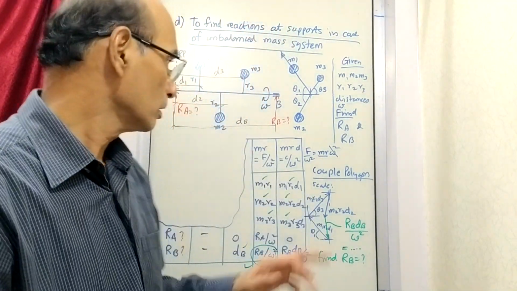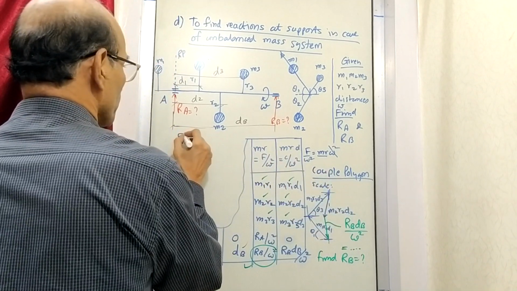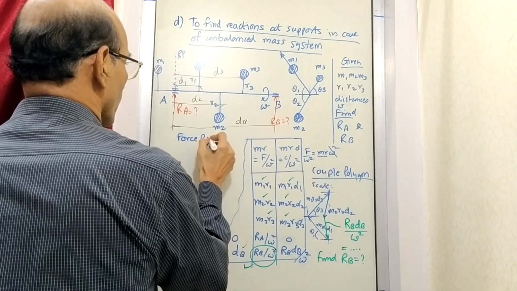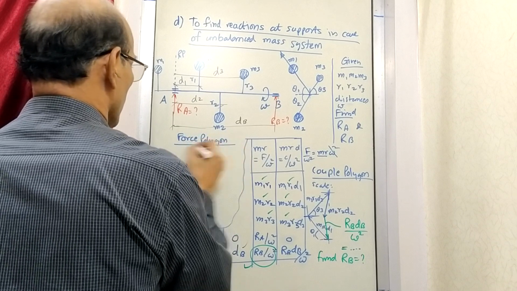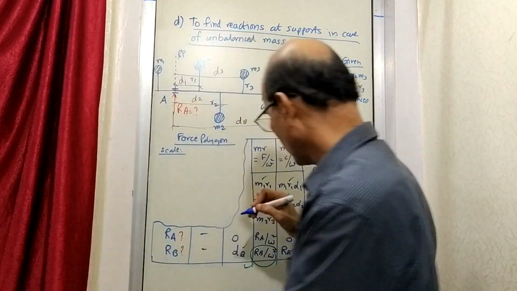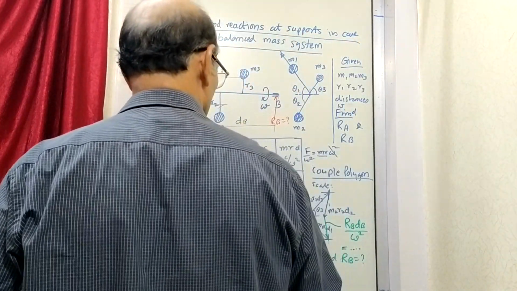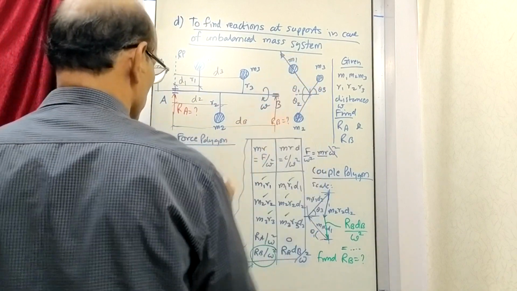Okay, so now we draw the couple polygon using these values over here. Or rather force polygon, not couple polygon, force polygon. Set a scale, decide some scale based on the values here. And now we are going to represent these vectors. So the first vector is M1 R1 according to this.